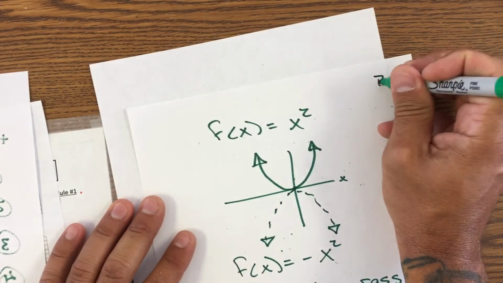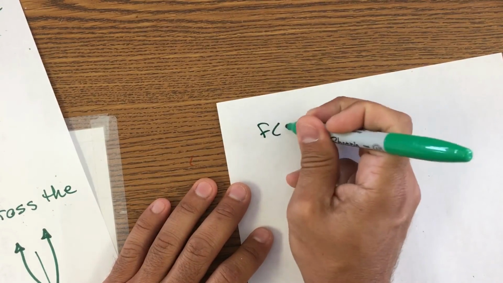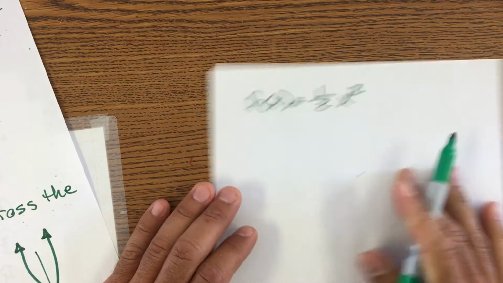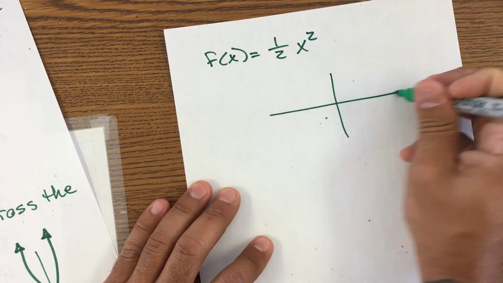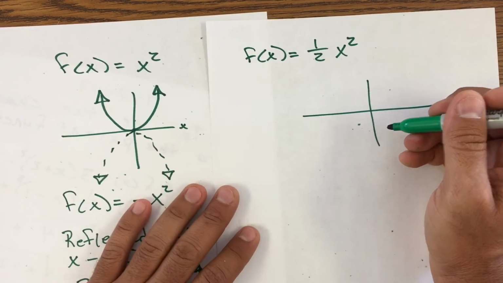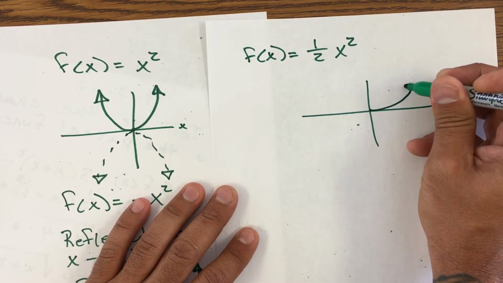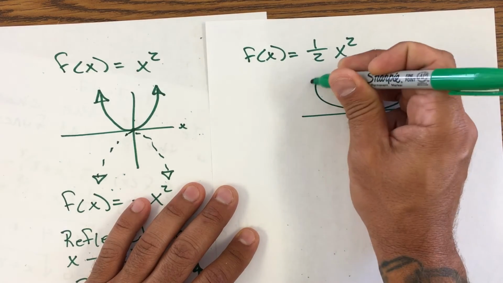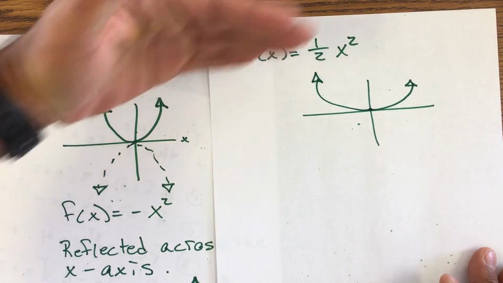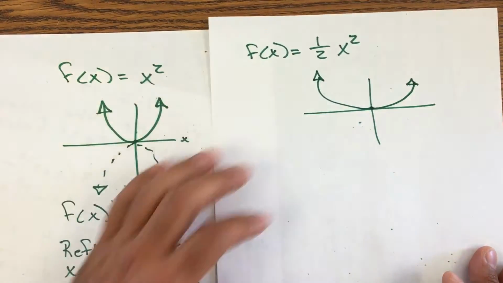Now if I put it so it's like one half, you know that when my slope becomes 1/2, instead of looking like this guy right here, what's going to happen is it's going to get wider. So that's like I took the graph and I pushed it down or compressed it.